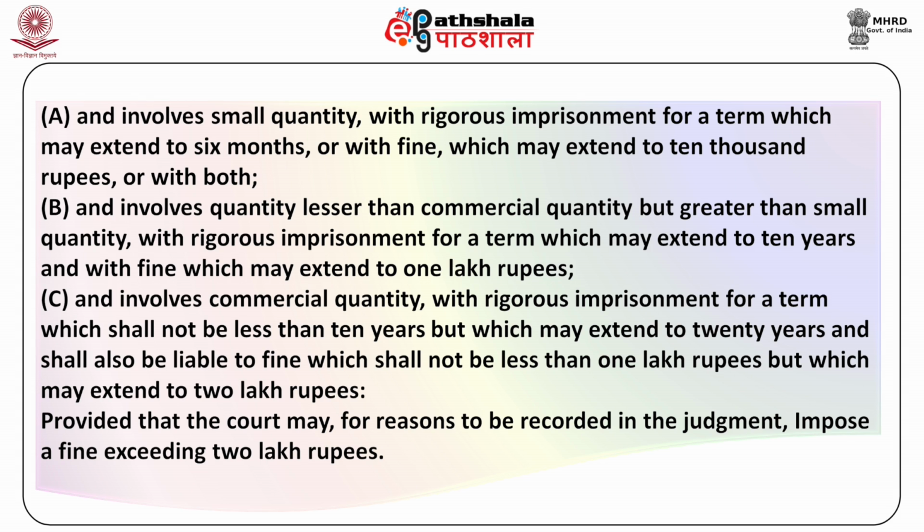Whoever, in contravention of any provisions of this Act or any rule or order made or condition of license granted thereunder, manufactures, possesses, sells, purchases, transports, imports interstate, exports interstate, or uses any manufactured drug or any preparation containing any manufactured drug shall be punishable, where the contravention involves a small quantity, with rigorous imprisonment for a term which may extend to 6 months, or with fine which may extend to 10,000 rupees, or with both; where the contravention involves quantity lesser than commercial quantity but greater than small quantity, with rigorous imprisonment for a term which may extend to 10 years and with fine which may extend to 1 lakh rupees.